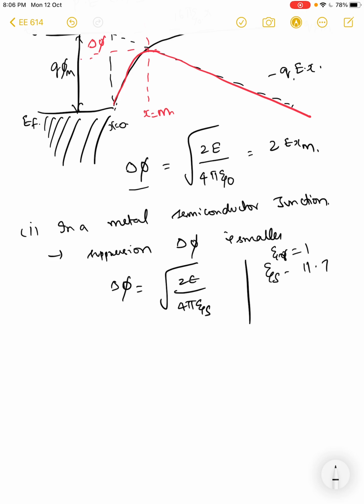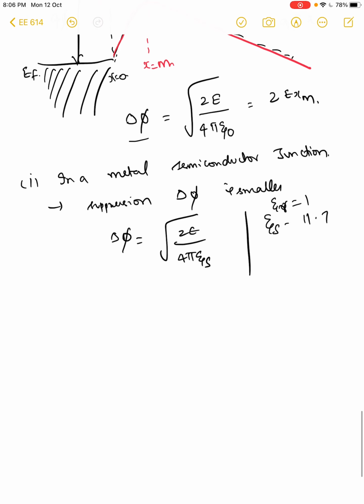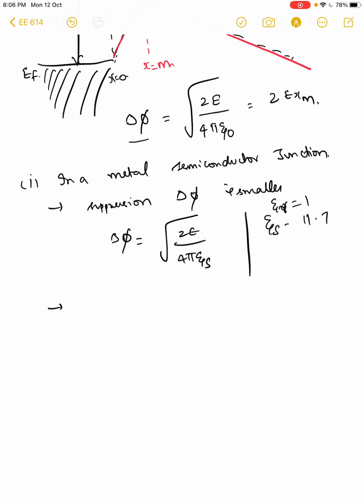Now the second thing is, in addition to the applied field, you always have some built-in potential.